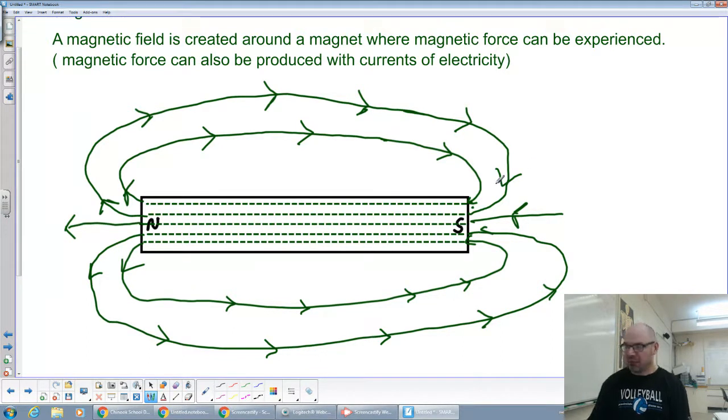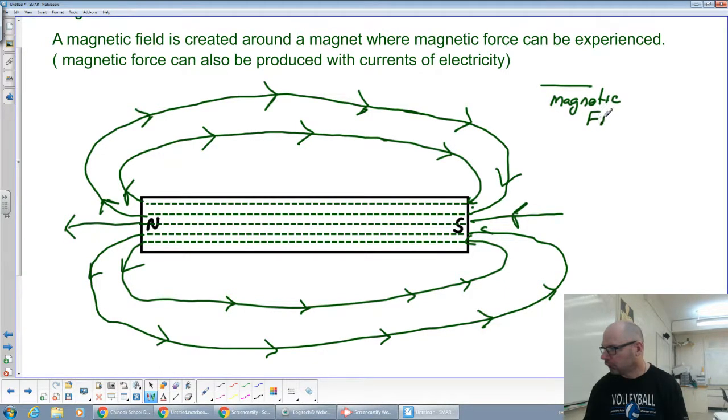Okay, so if we label this up, the green is the magnetic field line. Okay, the dotted ones are also magnetic field inside the magnet.